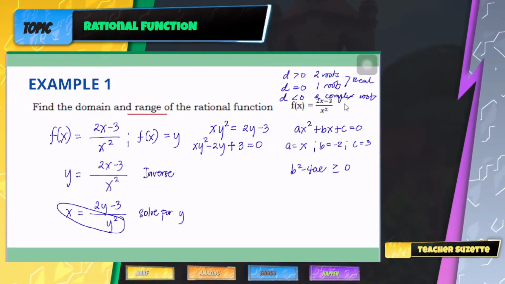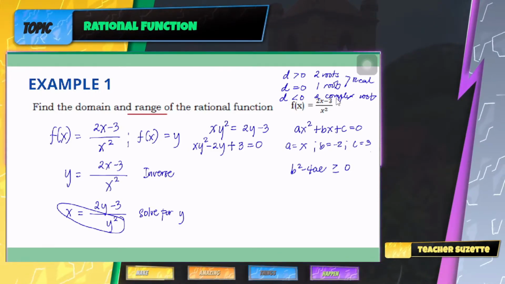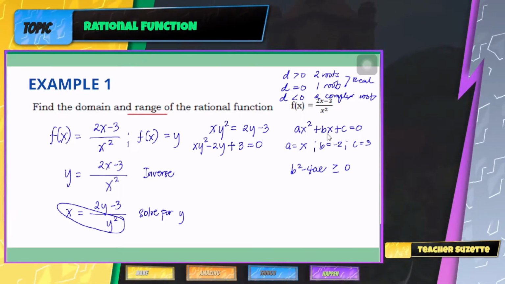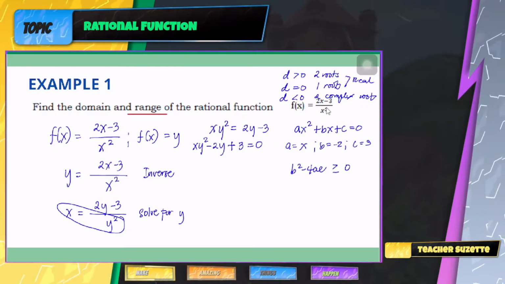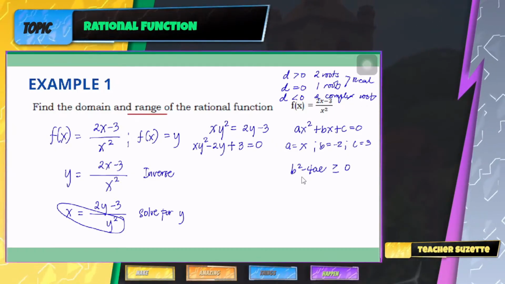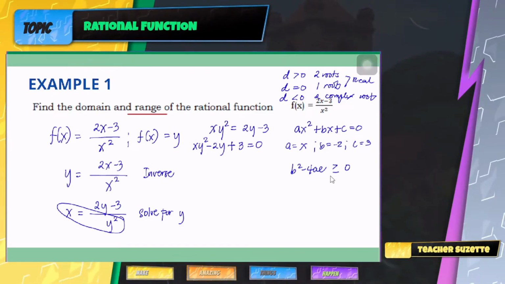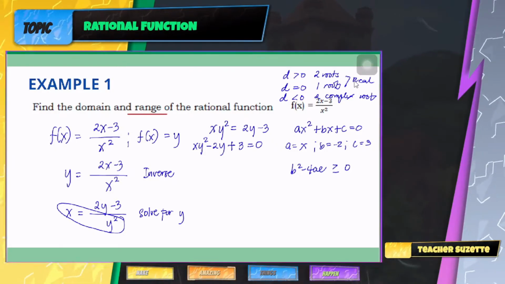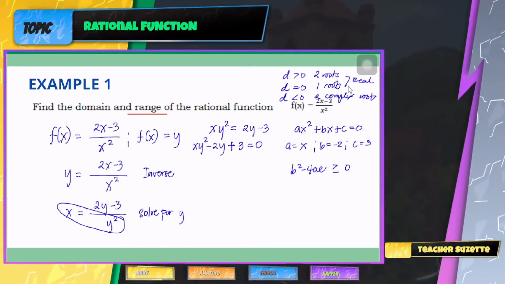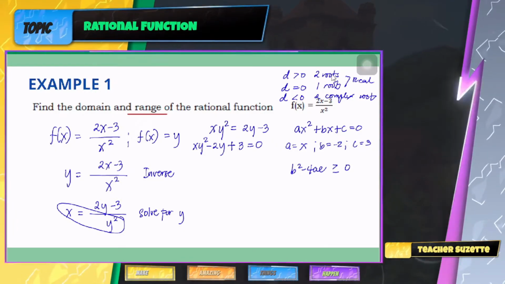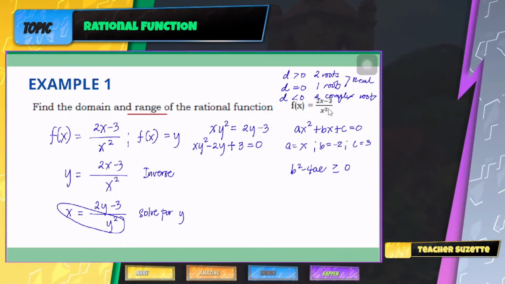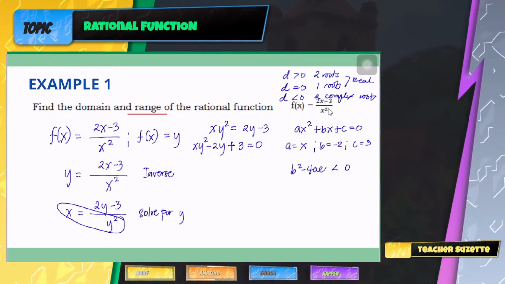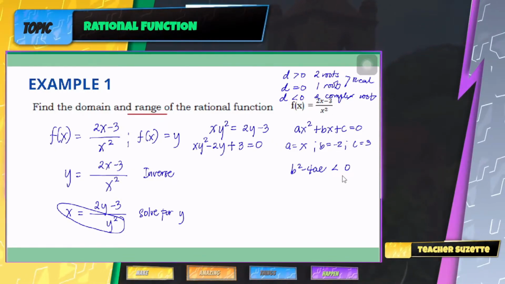Because we are getting the restriction, we proceed with less than 0. So, b squared minus 4ac less than 0.